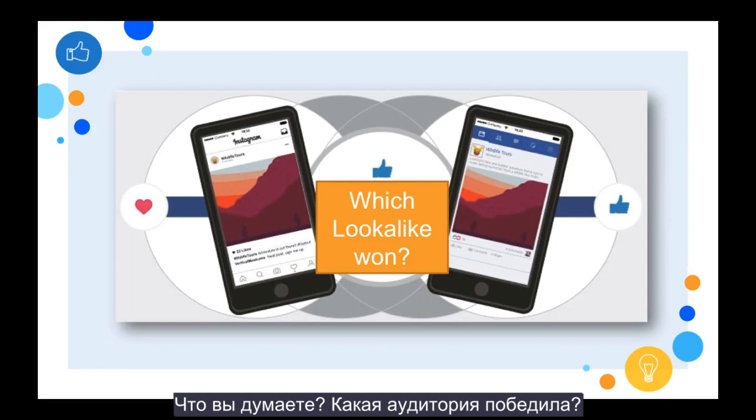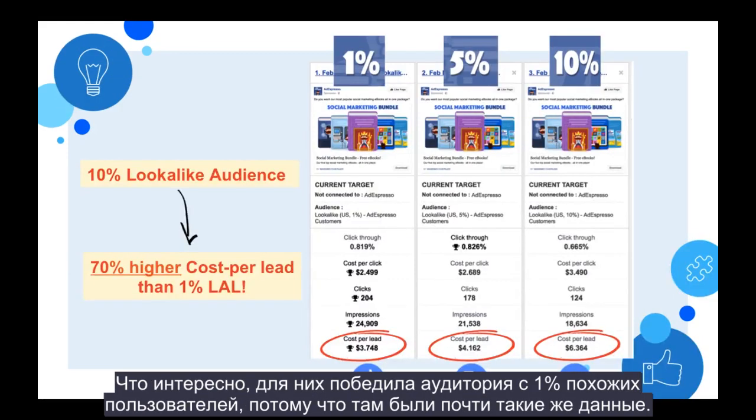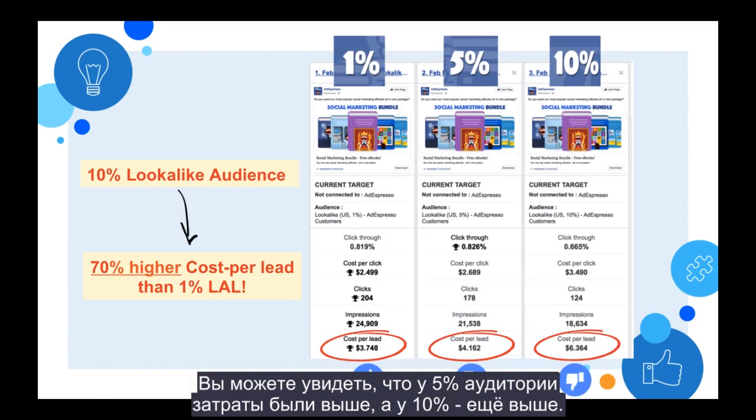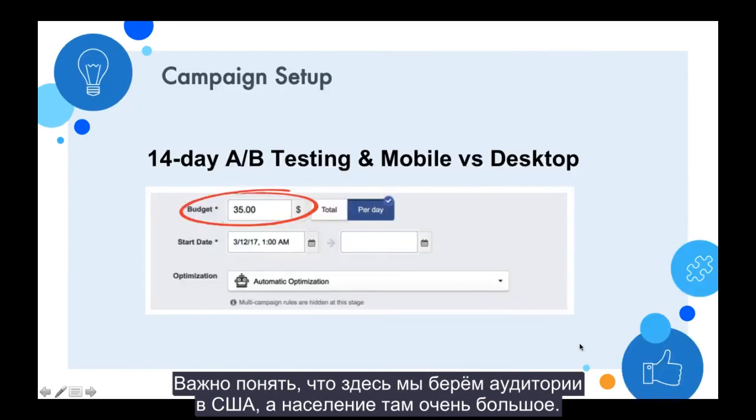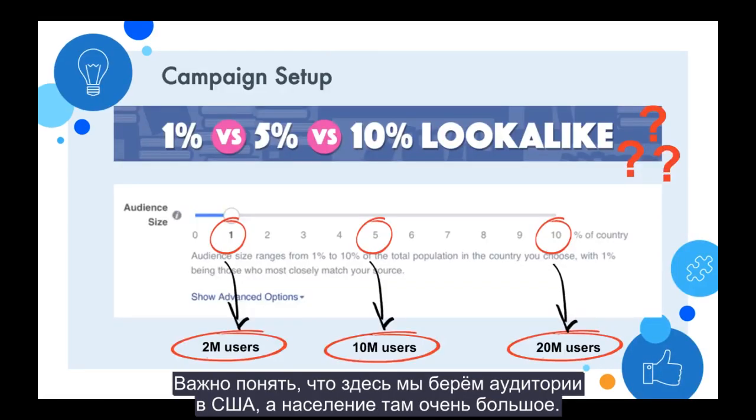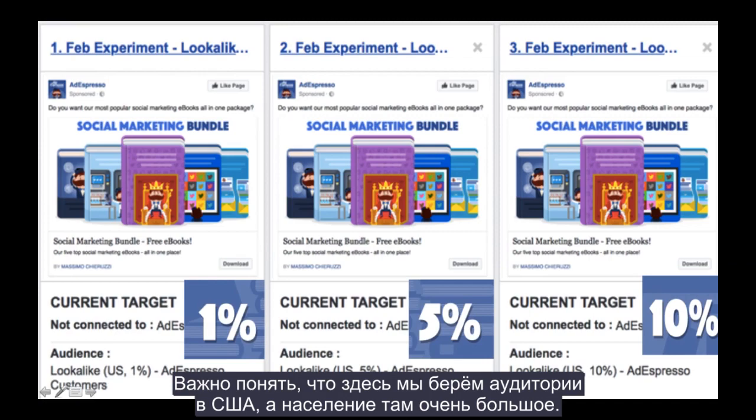So what do you think? Which lookalike won? Well, interesting for them, the 1% lookalike won, okay? Because it was the most similar to their current database, and that was actually interesting. If you see, the 5% was higher, and the 10% was even much higher. But what's super important to understand here is that they did that in the US, right?